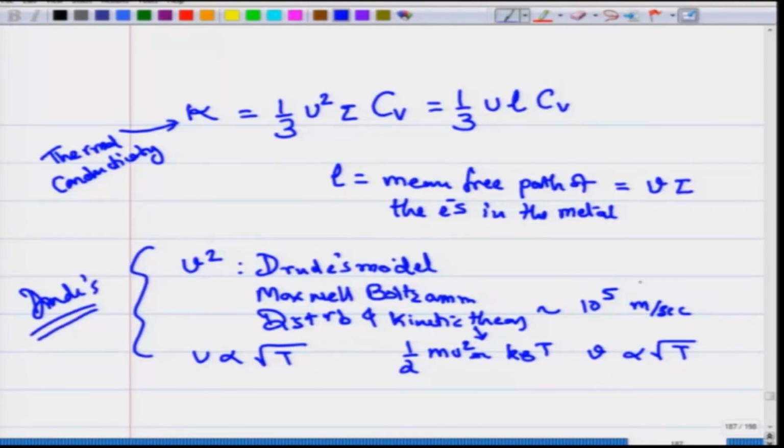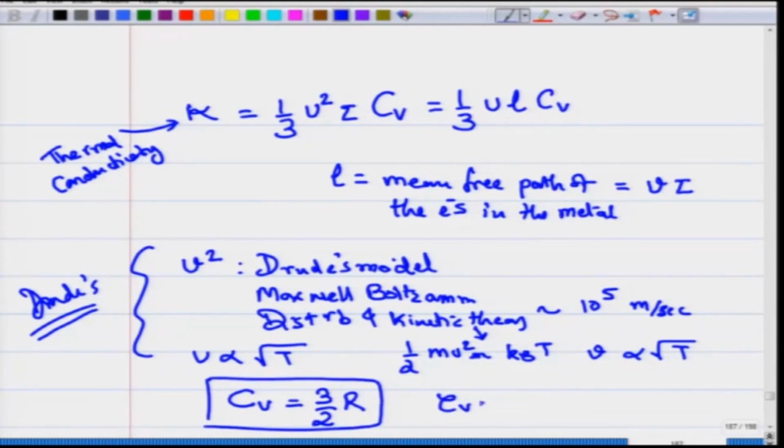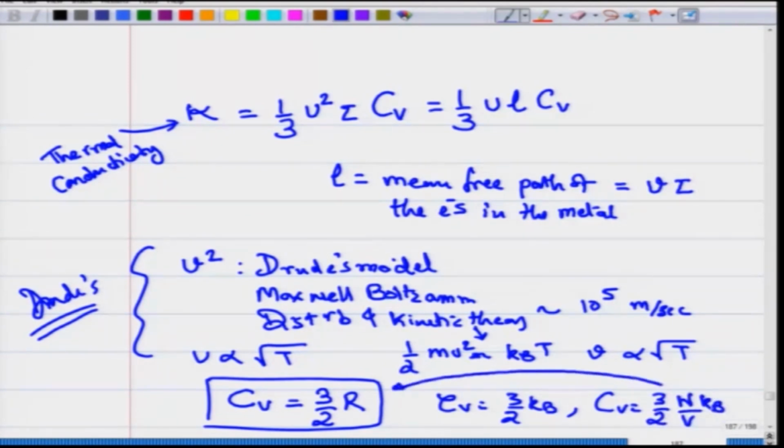So, the velocity was 10 raised to 5 and the specific heat of the electron was 3 by 2 R. Curly C v was of course 3 by 2 kB, but capital C v is 3 by 2 n into V divided by kB, which gives you this, of course per unit volume. So, I am suppressing the volume, even this is per unit volume.